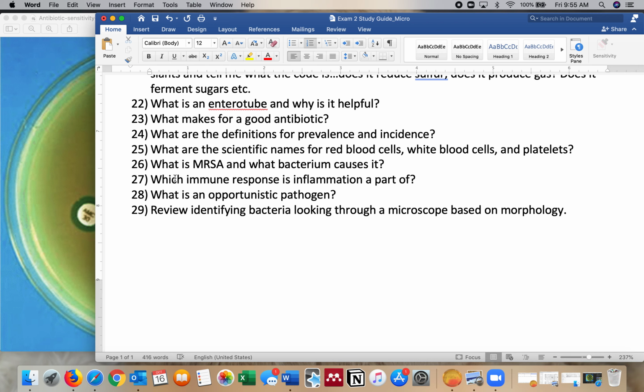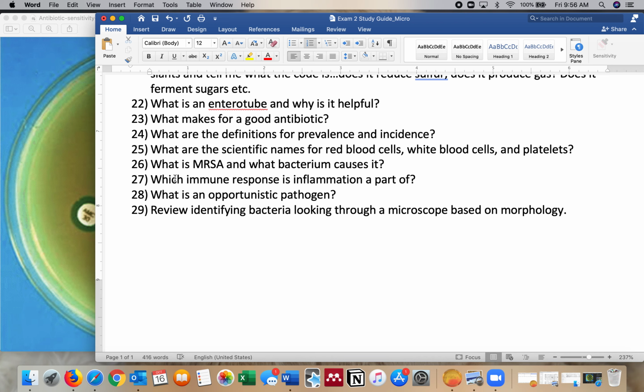Is it specific? Is it non-specific? Can it just occur because any pathogen comes into the body? Would you say that it is quick or slow? I think that those clues will help you figure out whether or not inflammation is part of the innate or adaptive immune response.